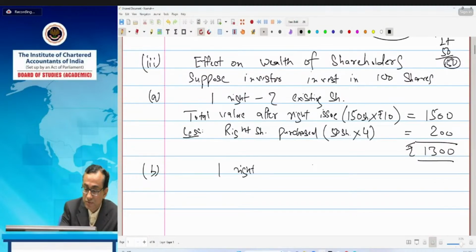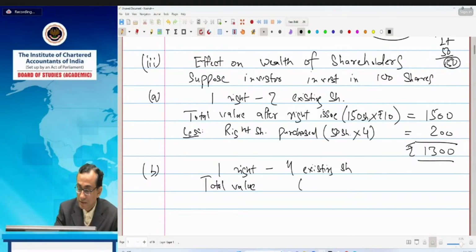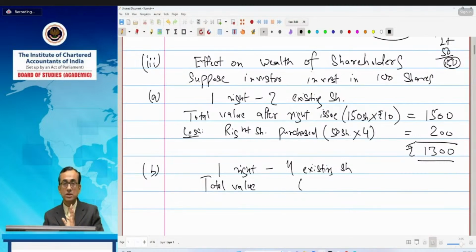Same way, one right share for 4 existing shares. So, considering situation 2, total value will be: how many shares will be there? 100 shares. We are supposing that the investor is holding 100 shares. One right share is issued for 4 existing shares. So 100 upon 4 will be 25.